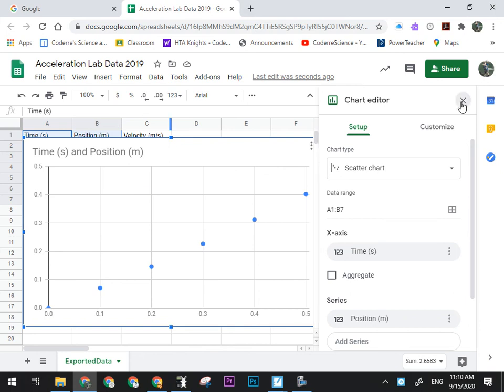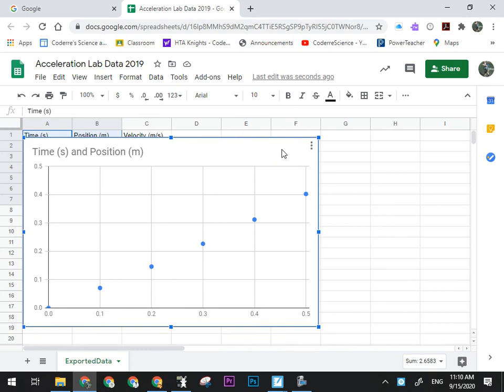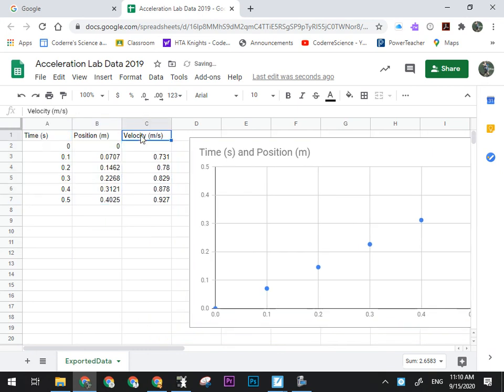The other thing I need to do is make a velocity versus time graph. The easiest way to do that is actually to make a new sheet.